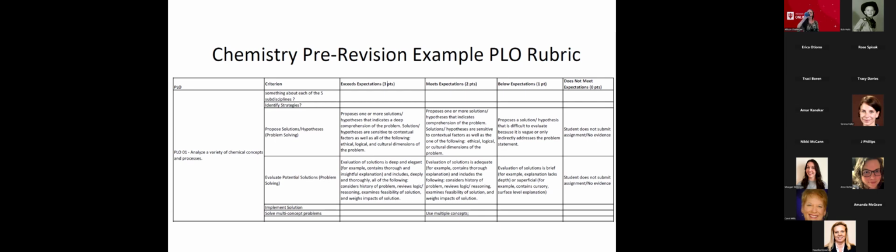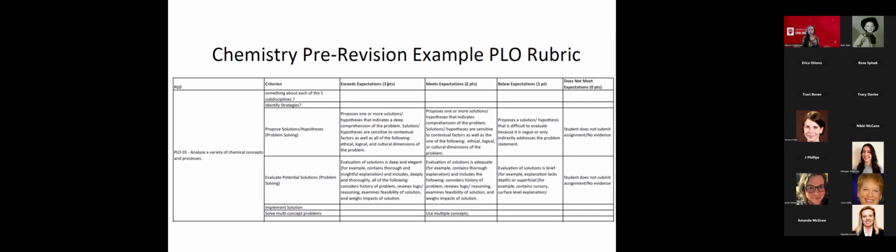Okay. So one of the things, please note, at the top of this rating scale, no submission, no evidence isn't there. It does not meet expectations. That was one of the pieces that was inherited when I arrived. They had exceeds, meets, below, and does not meet expectations. And so there was lots of concern about, what does it mean?